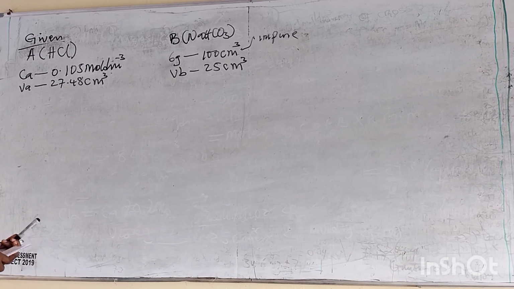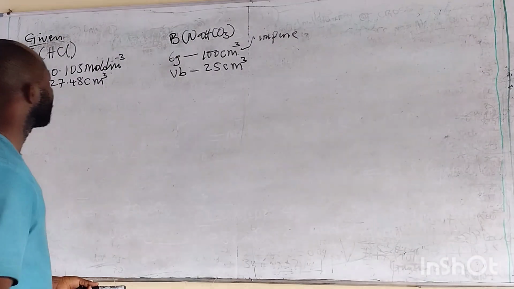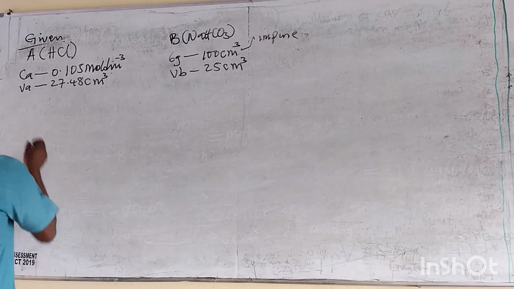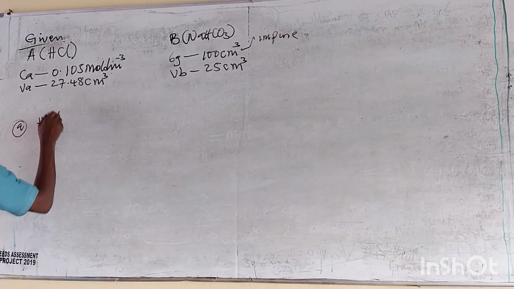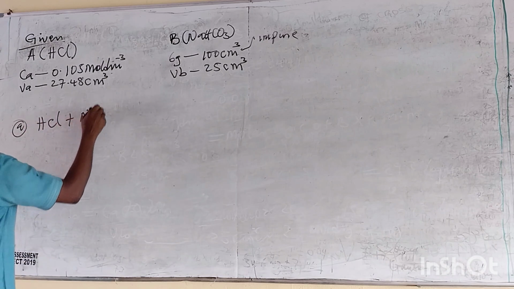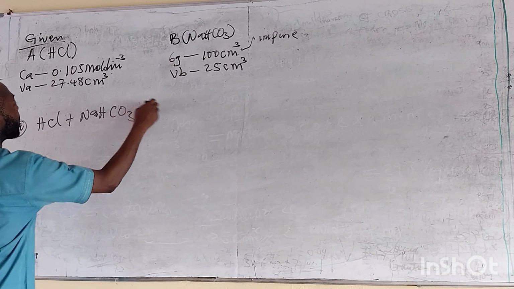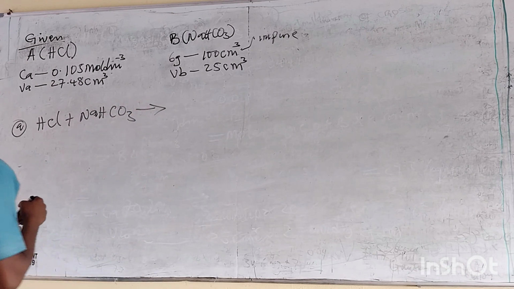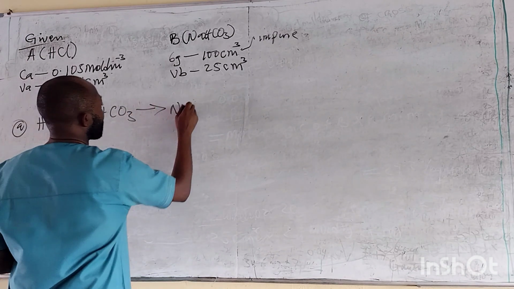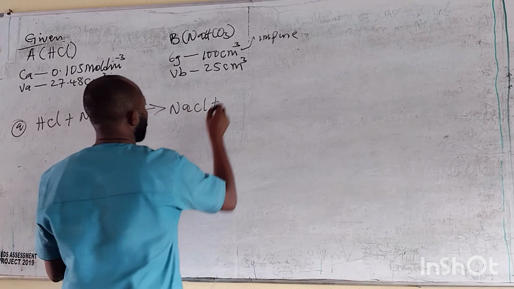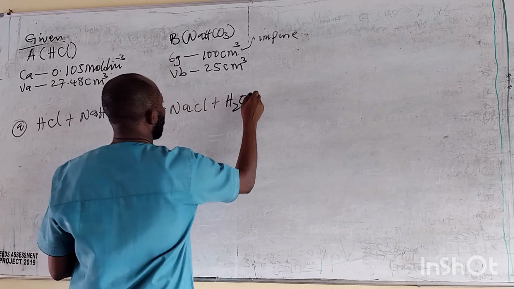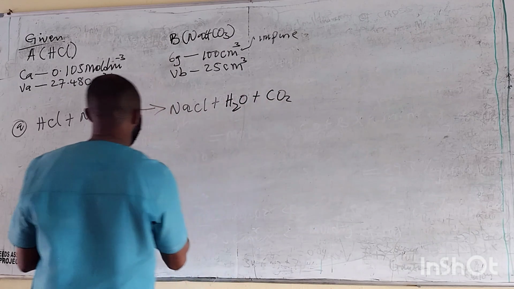Write a balanced equation for the reaction. So we have HCl plus sodium hydrogen trioxocarbonate(IV) will give us sodium chloride plus water, H2O, plus CO2 gas.